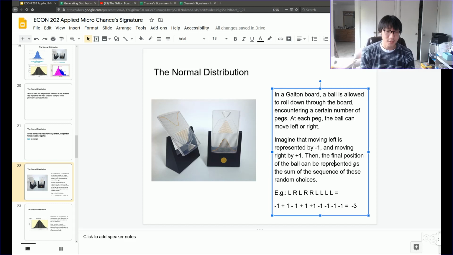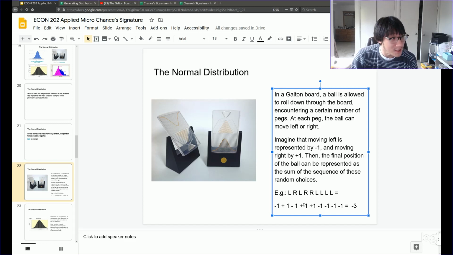Okay, so imagine that moving left is represented by -1 and moving right is indicated by a +1. Well, then the final sum of those plus and minus ones represents the position that a given ball will be on a Galton board.